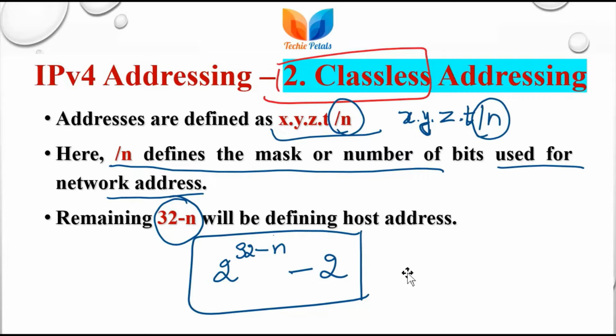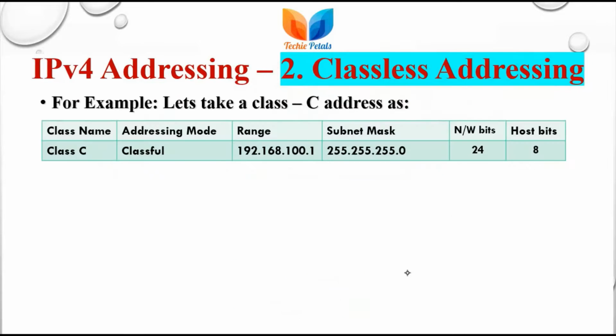So the rules are the same, we are just not categorizing IP addresses into classes. So we have to find some method to define the length of the network ID, and that is our /n. Okay, so here is an example of class C addressing.